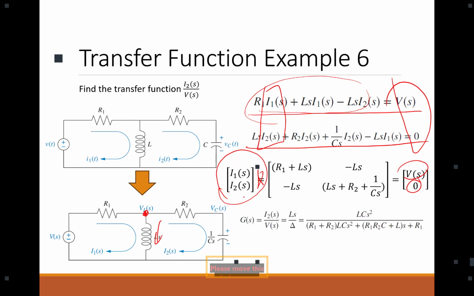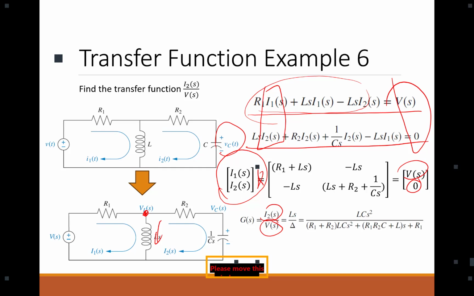Very good. So what is going to be the G(s)? We define I2 over Vs, and we are going to see why, because if we want VC, we simply can work it out.